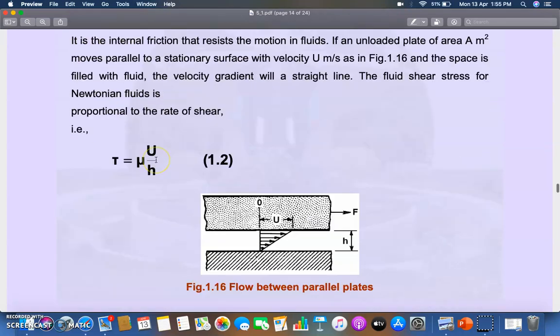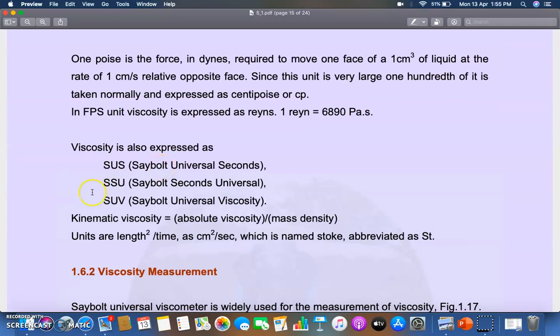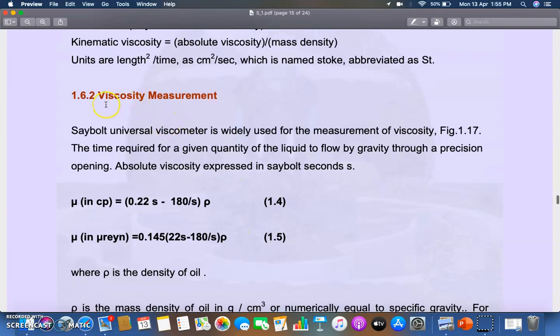The first is viscosity. You already studied this term in your fluid dynamics chapter. Viscosity is also expressed by these three terms: SUS, Saybolt Universal Seconds, SSU, Saybolt Second Universal, and SUV, Saybolt Universal Viscosity. You all know that kinematic viscosity is absolute viscosity divided by mass density. I am not going into detail of that. How can you calculate the viscosity measurement?